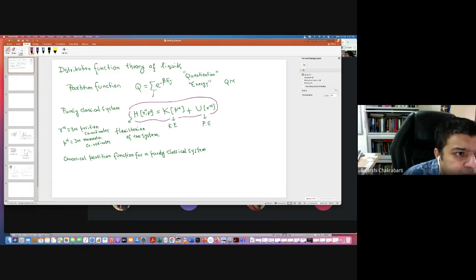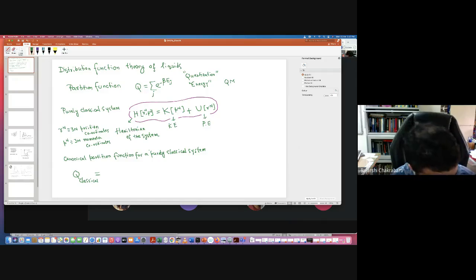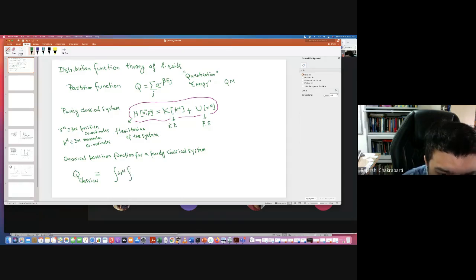So I'm calling it Q classical. Other than summing over states, I should integrate over all position and momentum coordinates. Is this clear? So basically I'll have something like integral dr to the power of n, dp to the power of n, exponential of minus beta H, where H is a function of r to the power of n, comma p to the power of n.